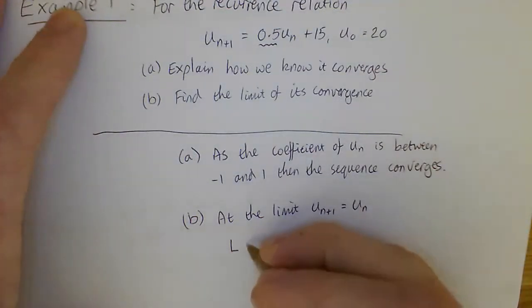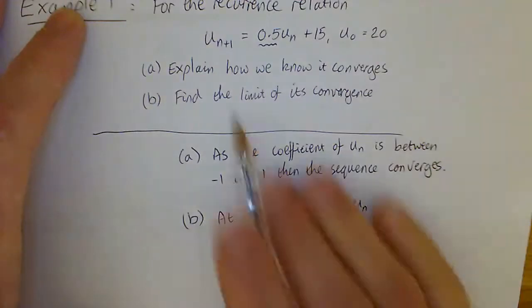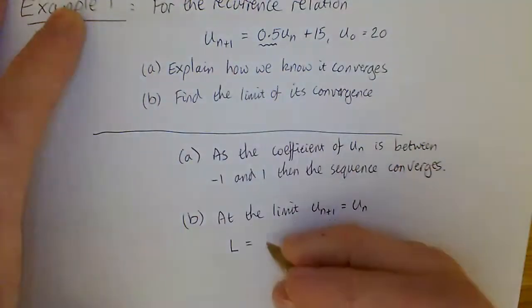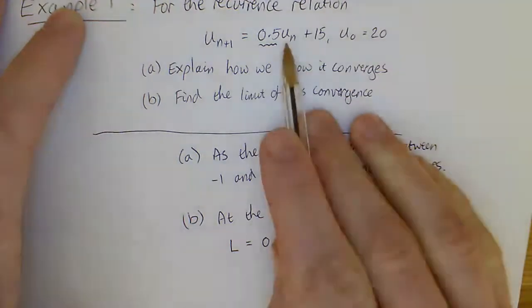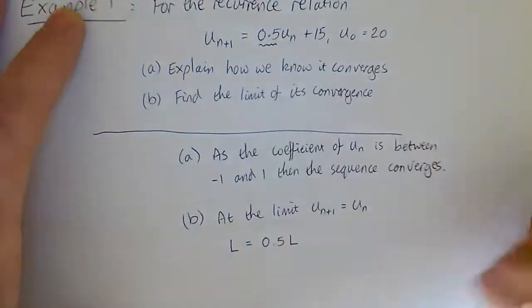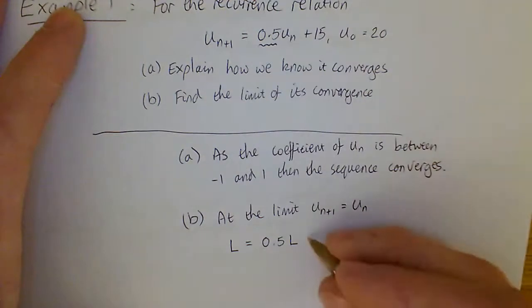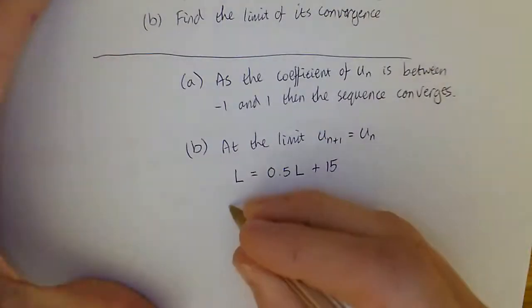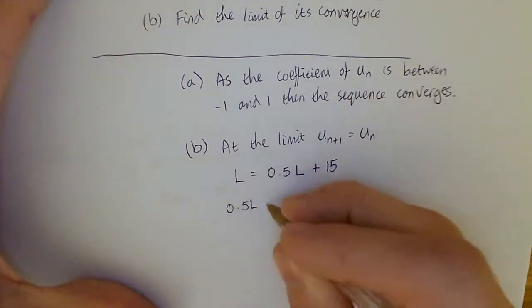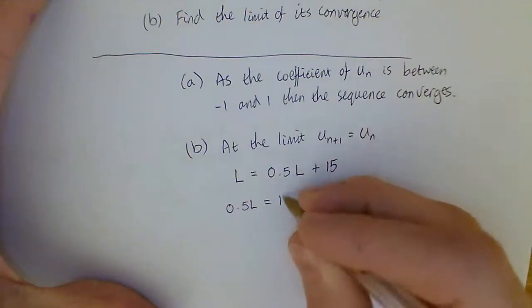We use the capital letter L to stand for limit. So the next term, we put an L in. And the previous term, we put an L in because they have now become the same value. That's what we're saying happens at the limit. Great. And now we can solve that because we've got a little equation in L. Solving that, we take 0.5L off both sides.